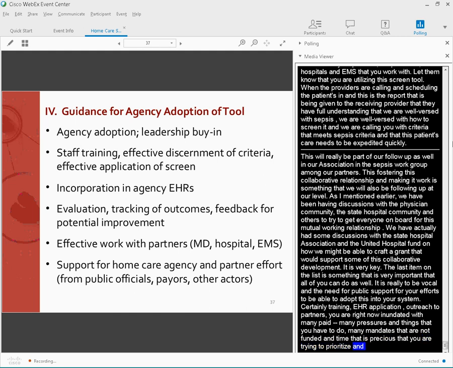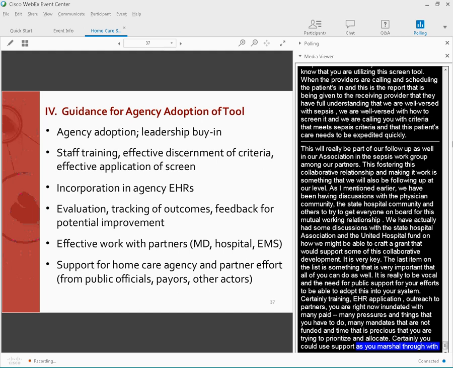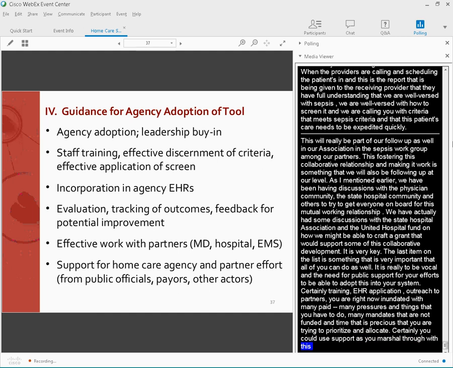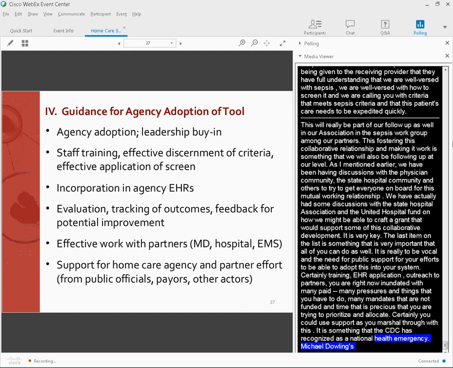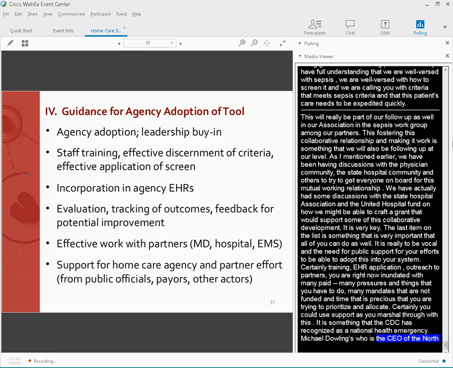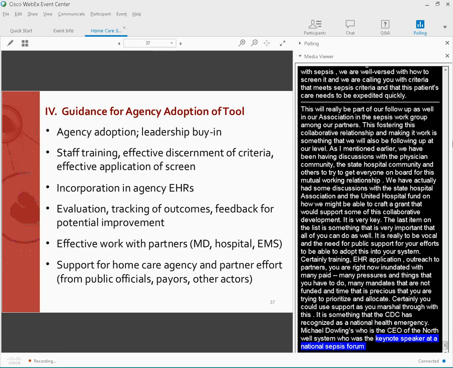Michael Dowling, the CEO of the Northwell system, who was the keynote speaker at a National Sepsis Forum earlier in September, made one comment: it's great when the system follows a requirement and a mandate and does a good job at it.